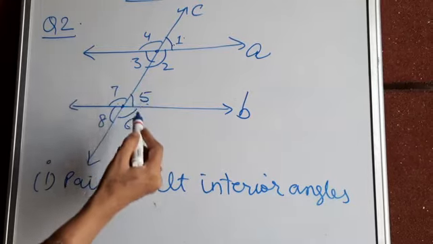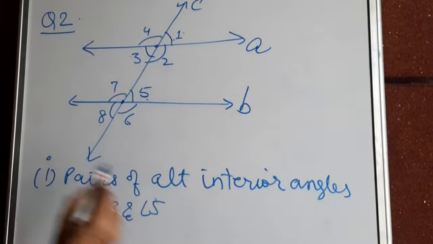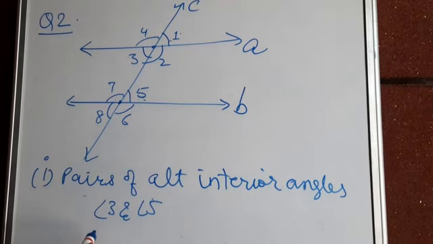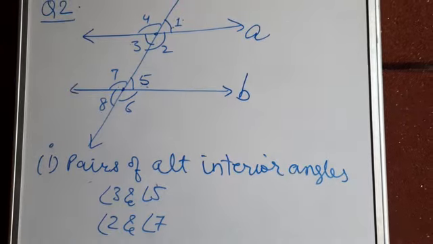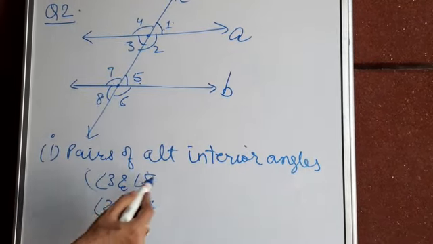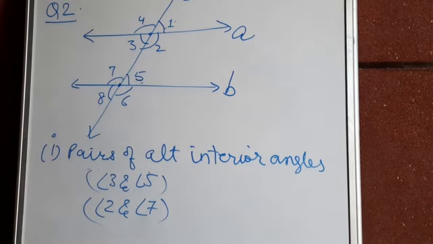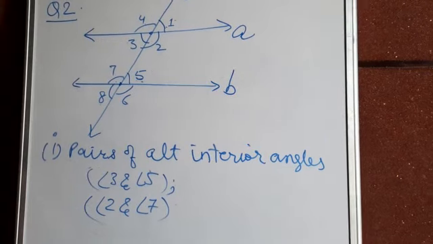So the first pair of alternate interior angles is angle 3 and 5, and one more pair is possible, that is angle 2 and angle 7. Don't write in the same line, write in a separate line. This is one pair, this is another pair. So there are 2 pairs for alternate interior angles.